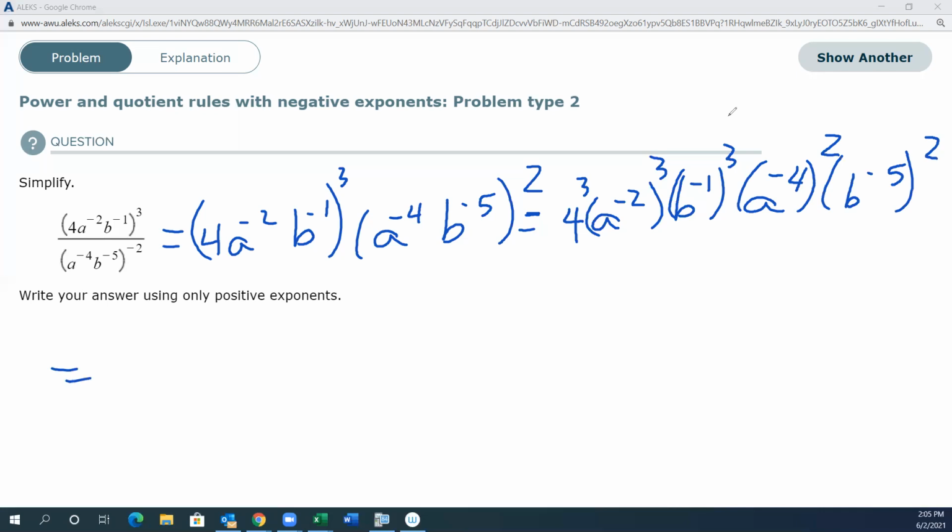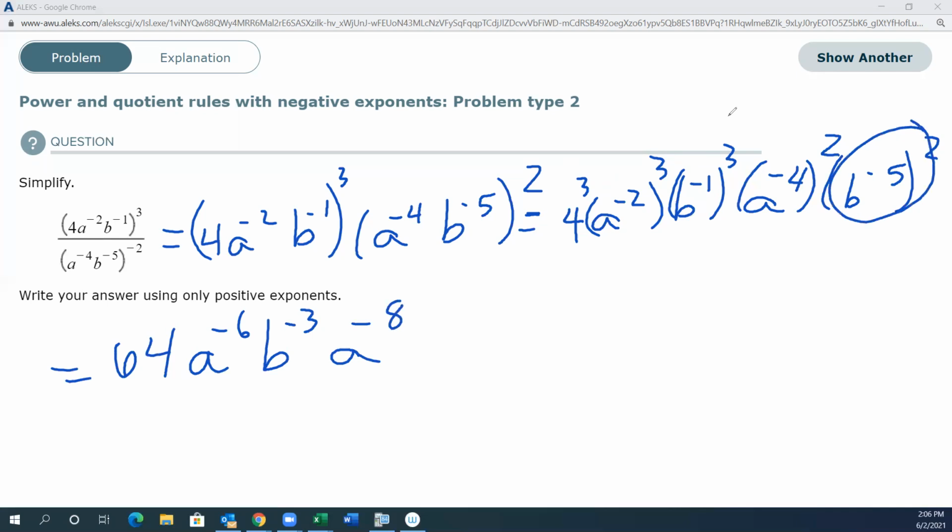Okay, cool. So 4 to the 3rd is 64. Please don't say 12. Okay, that gives us a to the -6th, b to the -3, a to the -8, wow, not negative, and then b to the -10.